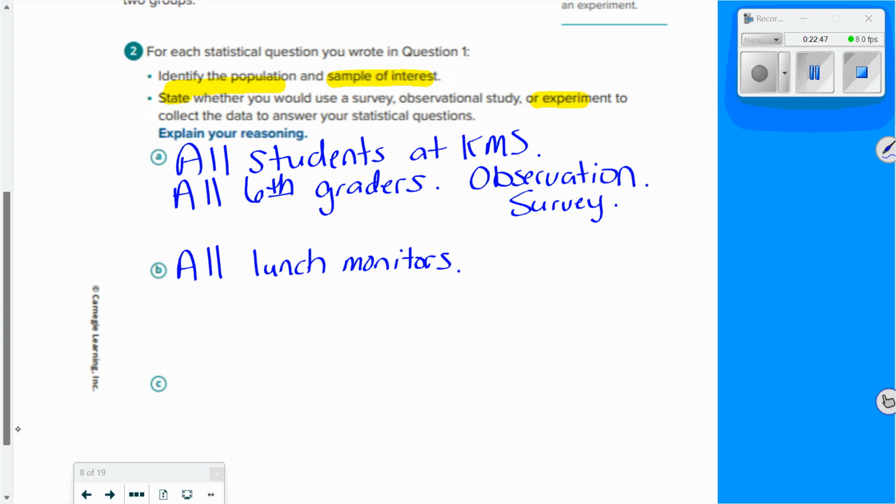A, B, and C. That you said each lunch, but that would be all lunch monitors. That's our population. What is our sample? Okay, just A lunch monitors. And we could do that each day of the week, yes? And what are we doing to collect our data? Observation. That's a good one.